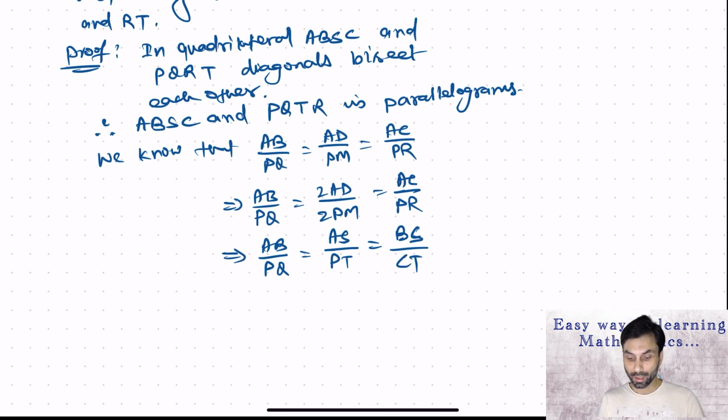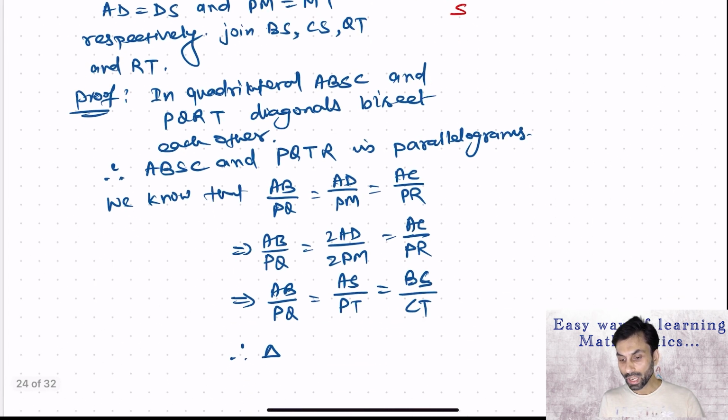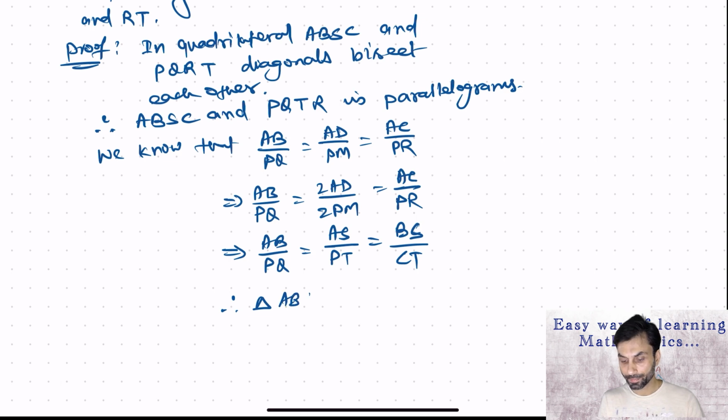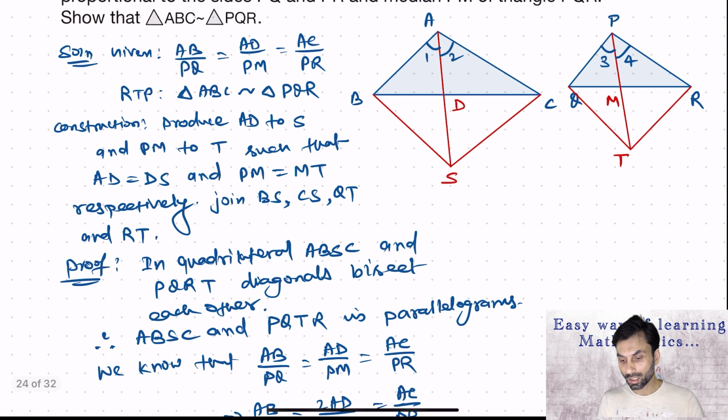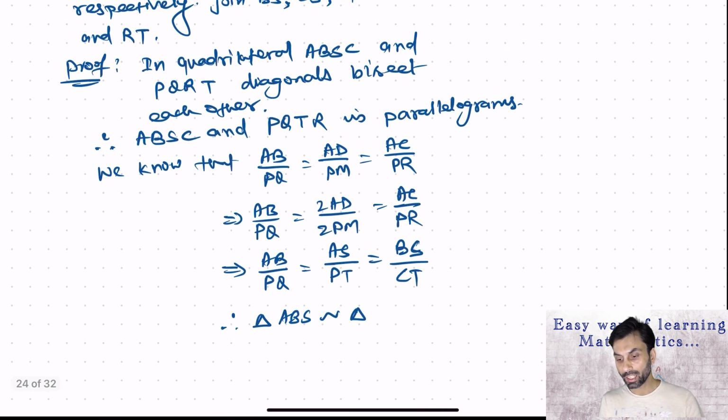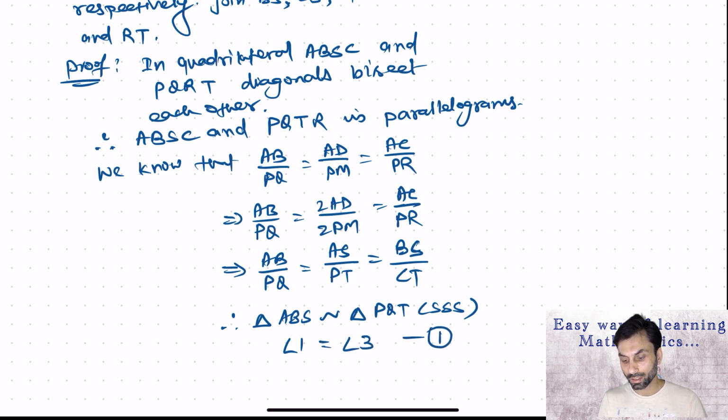And so by SSS criteria we can say therefore triangle ABS is similar to triangle PQT by SSS similarity criteria. That means we'll have angle 1 equals angle 3. Take it as the first statement.